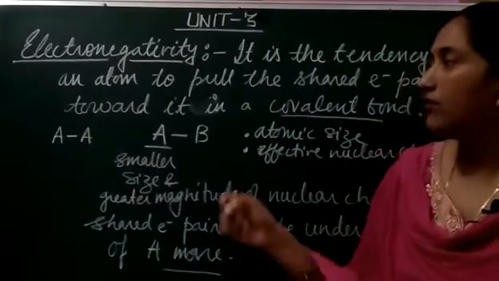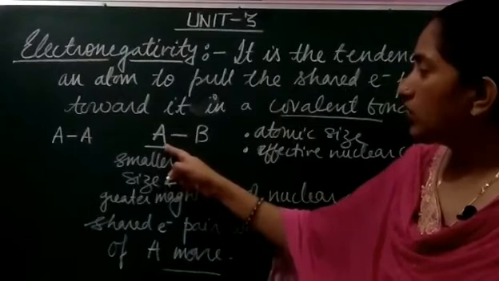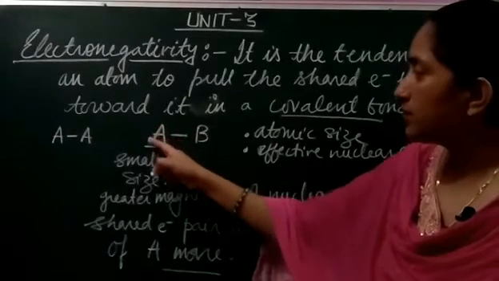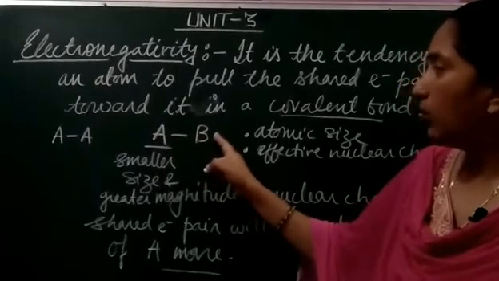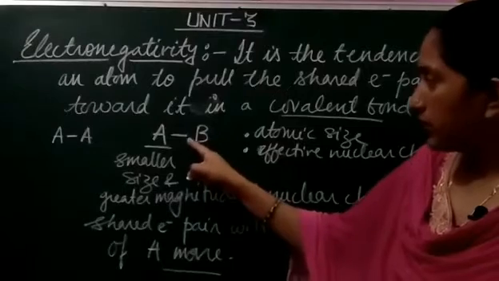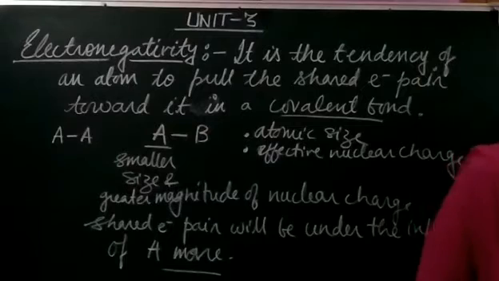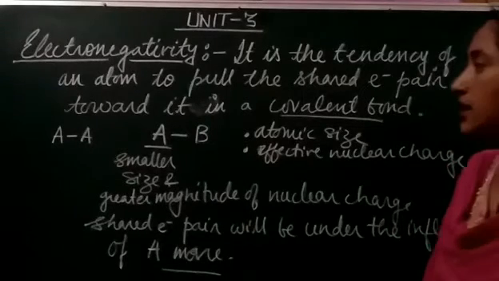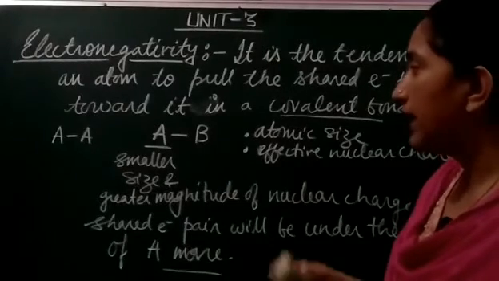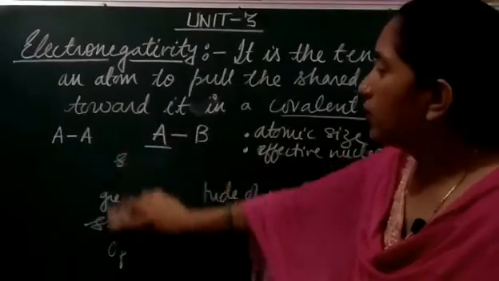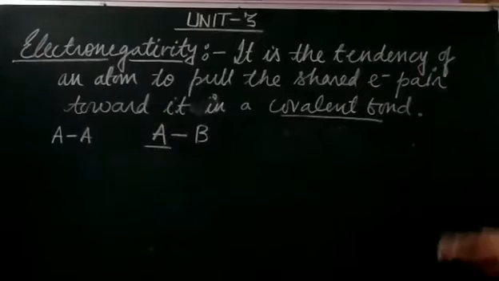That means we are not going to assign a fixed value of electronegativity to the element A. It will always depend upon the other atom to which it is being bonded. So let us discuss the example of A and B. Here, if A has greater electronegativity than B, it will not be so that in any other compound it will also have the higher electronegativity.